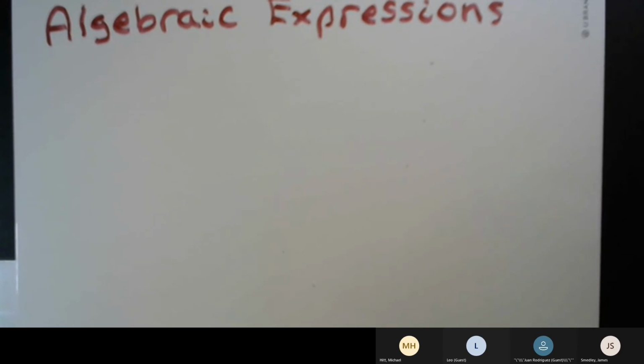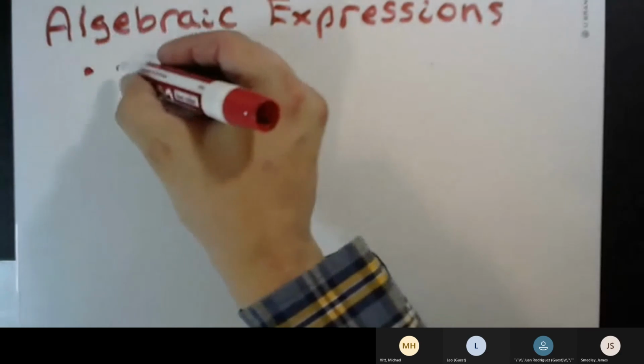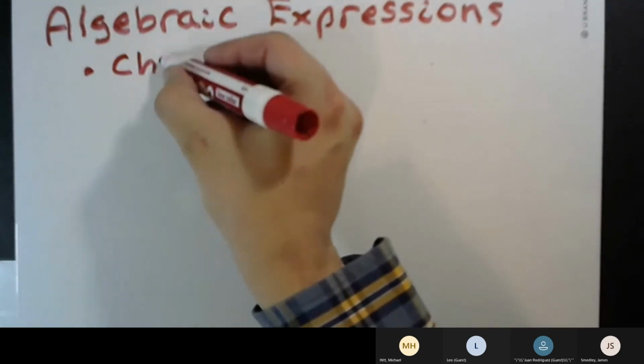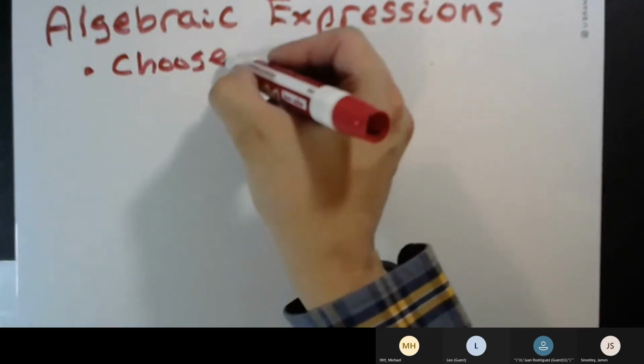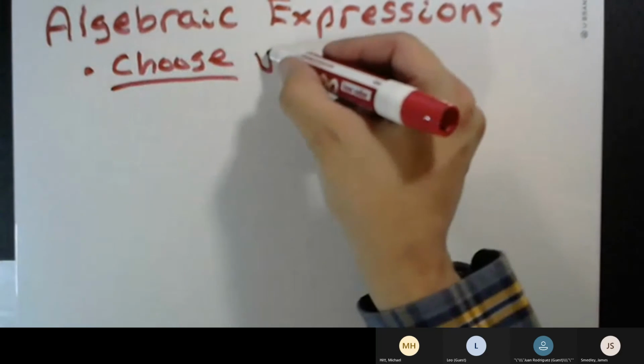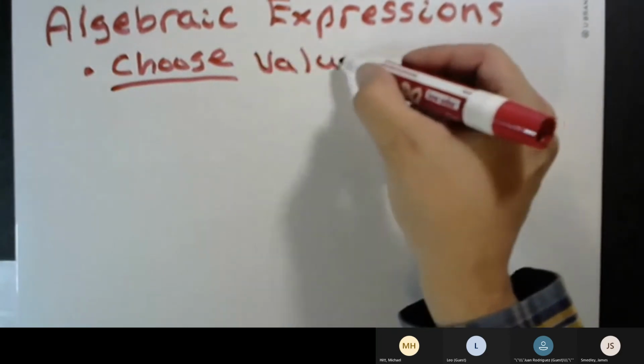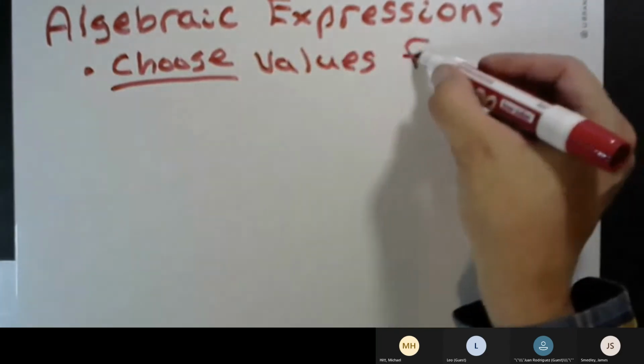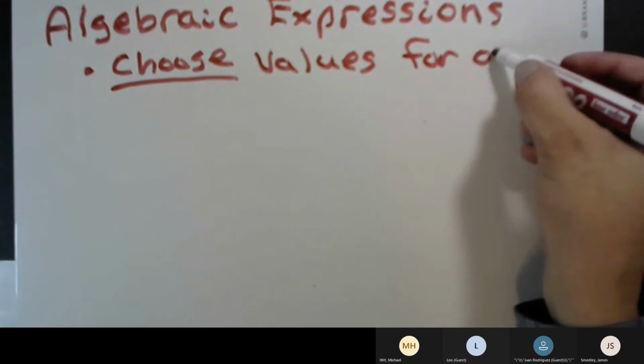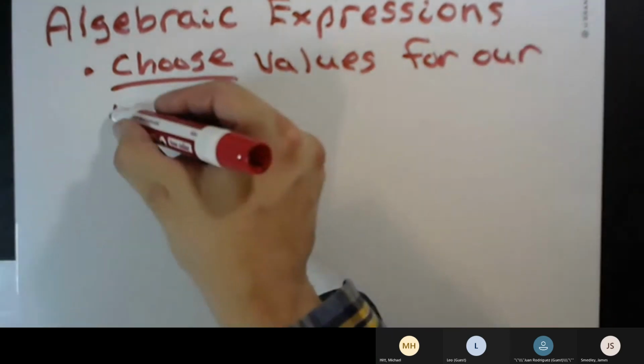And when we have something like that, it's called an algebraic expression. So we choose, we don't have to guess. We choose values for our variables.